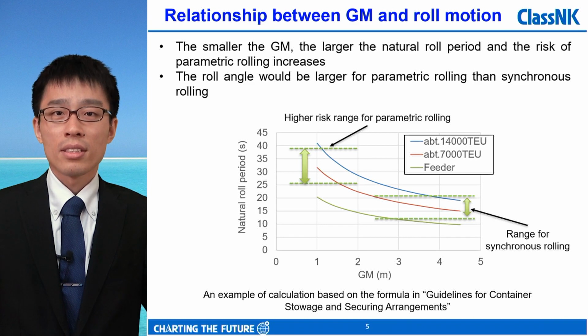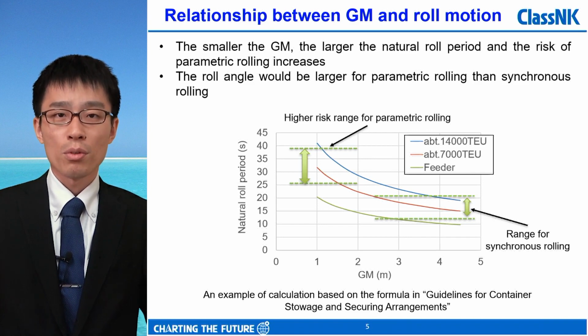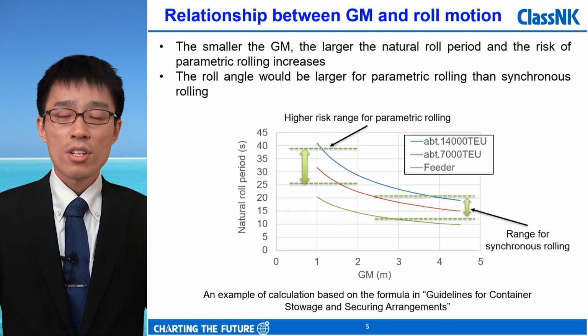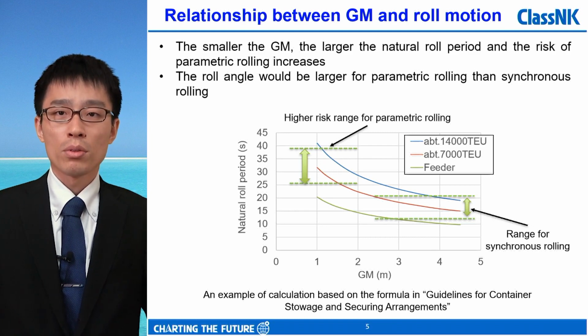You can see that the smaller the GM, the larger the natural roll period. If GM is small, the risk of parametric rolling increases. Generally, the roll angle would be larger for parametric rolling than synchronous rolling.